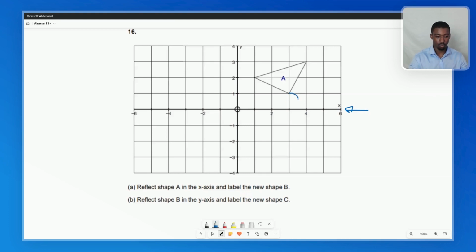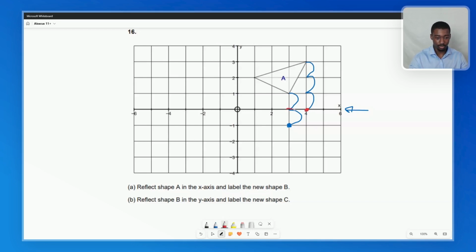So here we're 1 away from the line of reflection. And therefore, we do the same thing on the other side. So here is our first point of our new shape. Same thing here. 1, 2, 3, line of reflection. Put it in red.